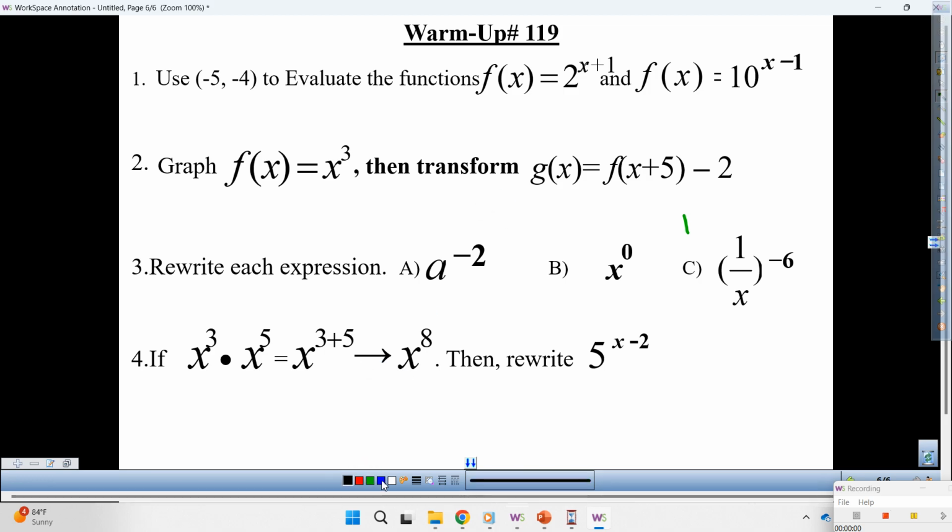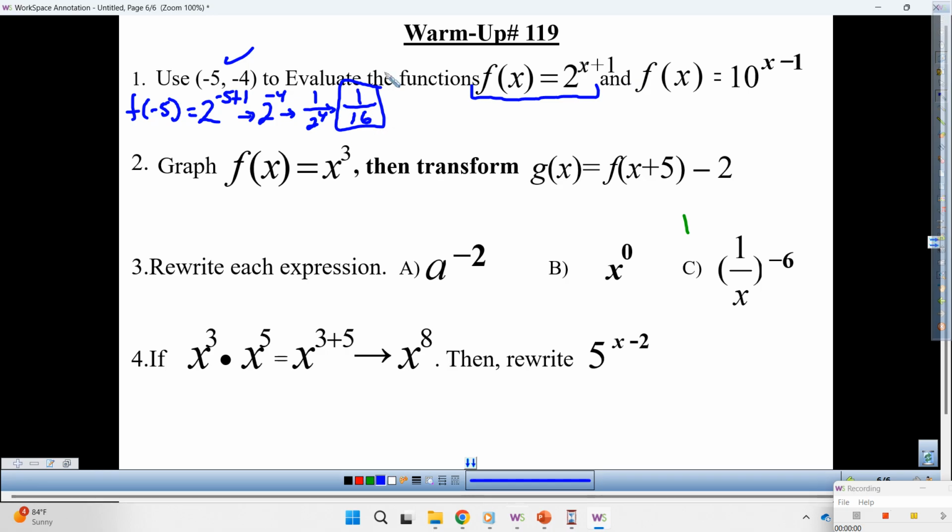Quick refresher. I'm going to do f of x base 2 in blue, given these values. So f of -5 is equal to 2 to the -5 plus 1, which is 2 to the -4, which is 1 over 2 to the 4th, which is 1 over 16.